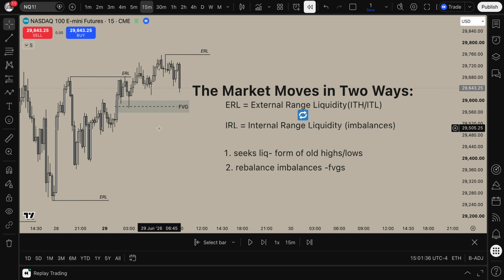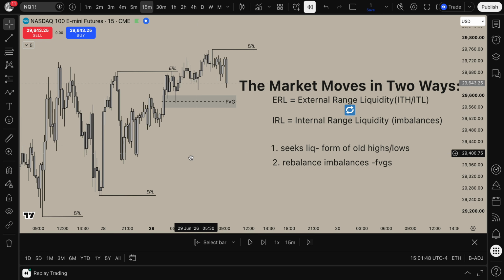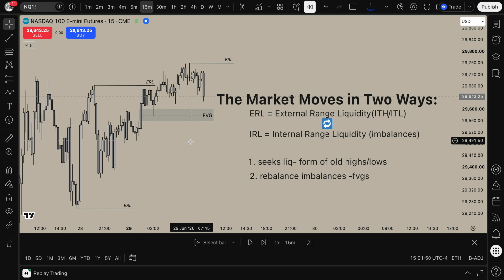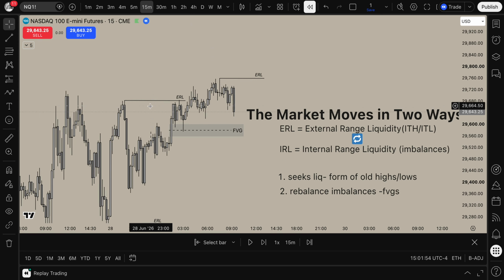So how does the concept work? You have to expect that when external liquidity is taken, the market would then form it into IRL, so you can obviously go fair value gap and vice versa. So obviously this is the example. As you guys can see here, we take out all of this external liquidity.